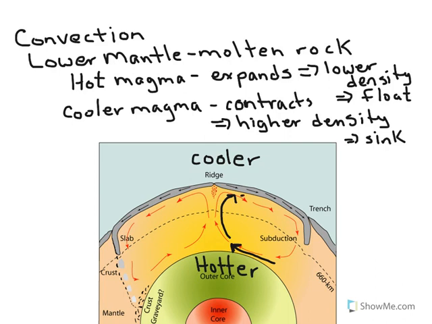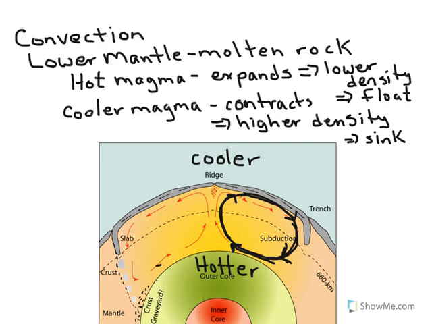So our cool material up here at the top of the mantle cools and sinks back to the bottom of the mantle. And of course that cycle then will repeat. It will be heated up, it will float, it will cool, and it will sink again.